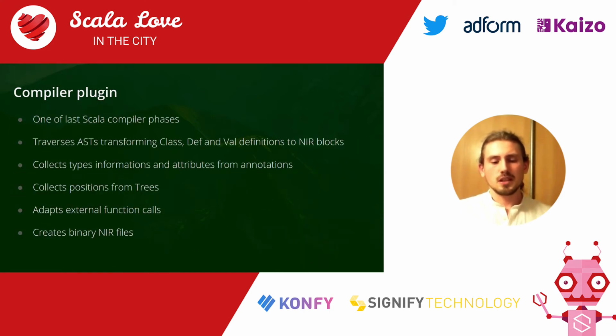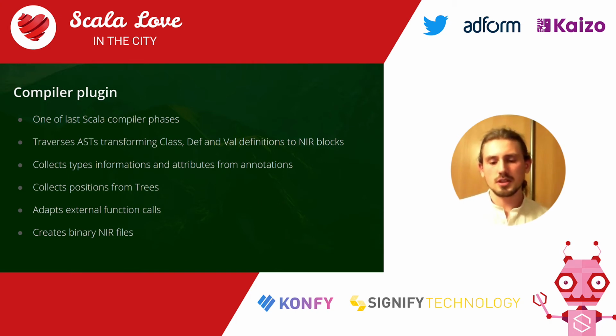As I said earlier, the main job of the compiler plugin is to traverse all the abstract syntax trees in each compilation unit while compiling. Every time it finds a class definition, method or value definition, it tries to create its counterpart in the IR.